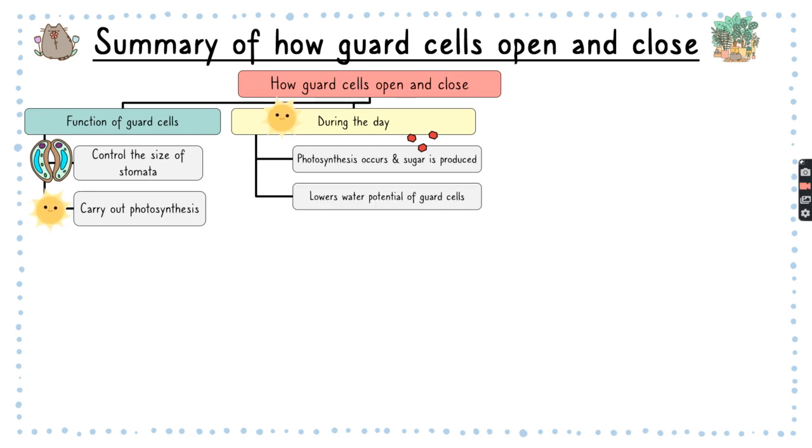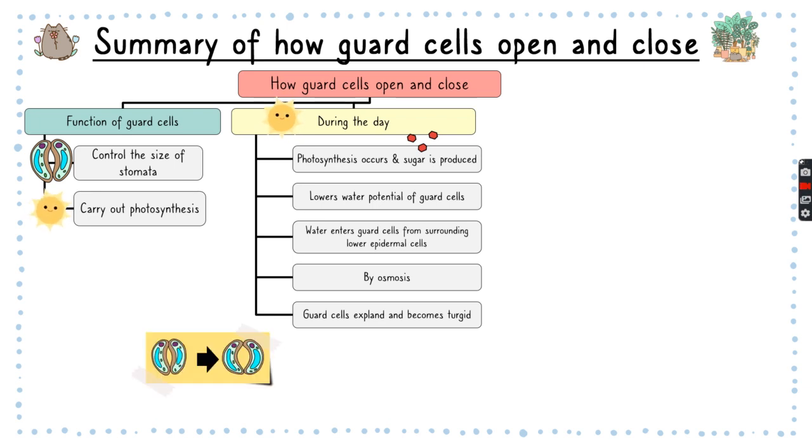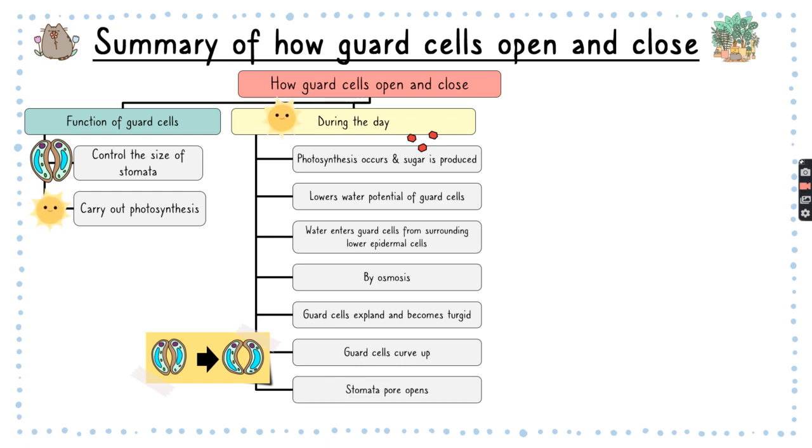So this then lowers the water potential of the guard cells. Water then enters the guard cells from the surrounding lower epidermal cells by osmosis, and guard cells will expand and become more turgid. And as they become more turgid, the guard cells will curve up and the stomatopore will open even more.